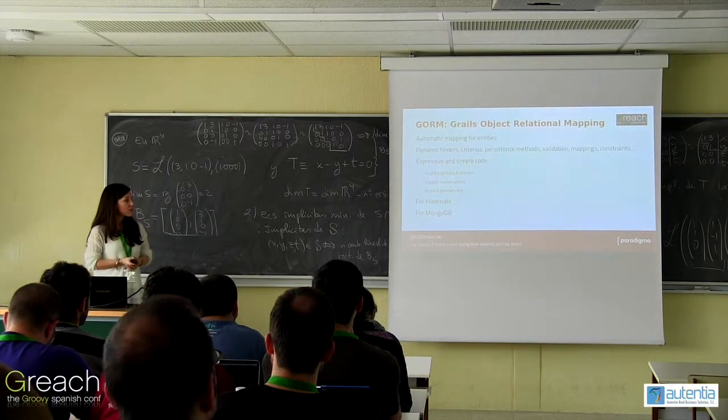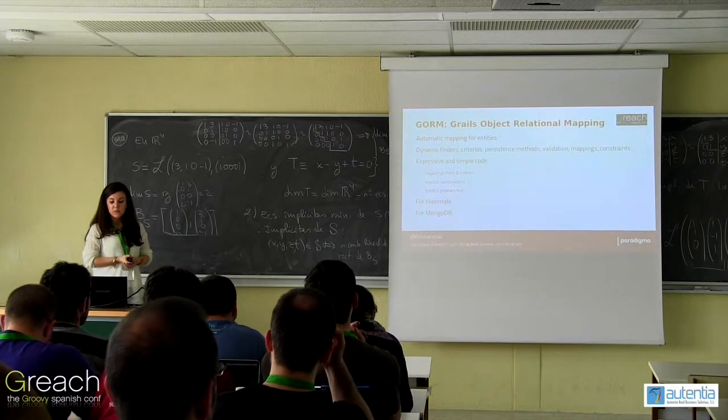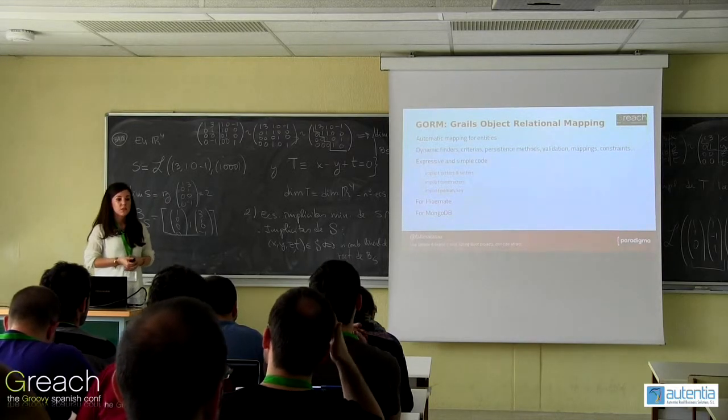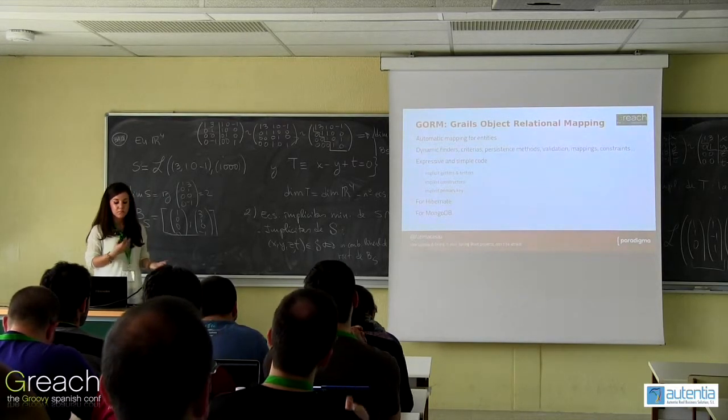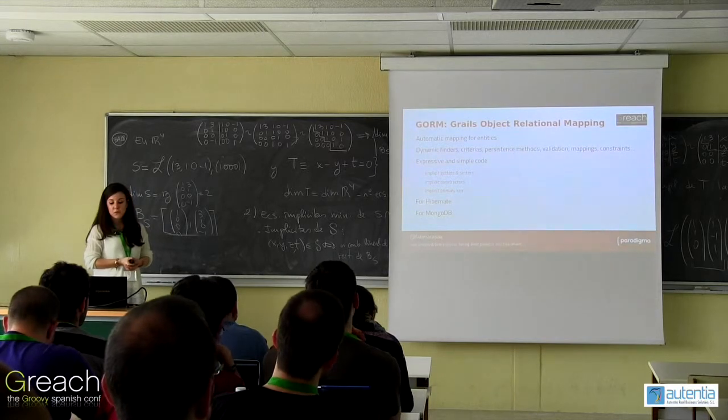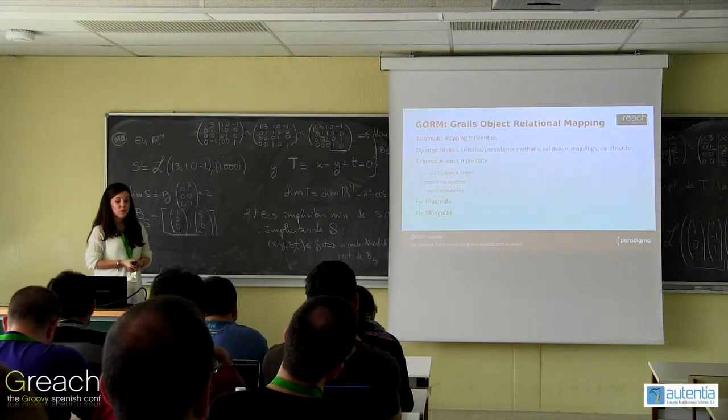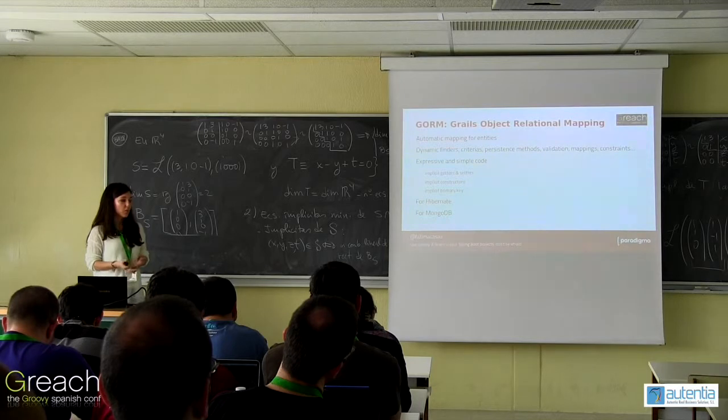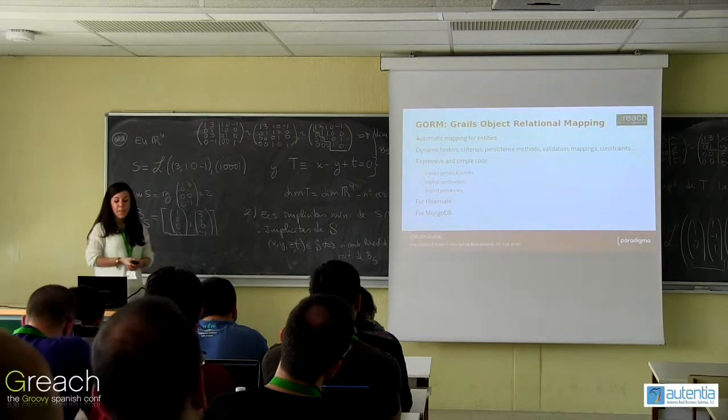Since Grails 2.4, it's possible to use GORM outside of Grails, and this permits access to a relational database or MongoDB with GORM in a Spring Boot application, only including the correct dependency in the build system.